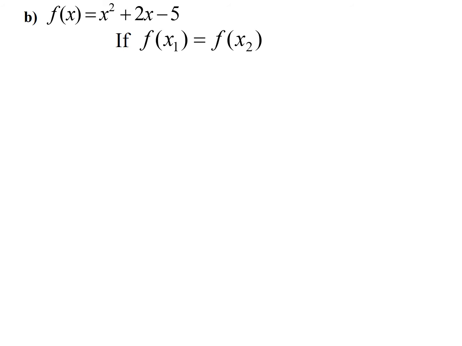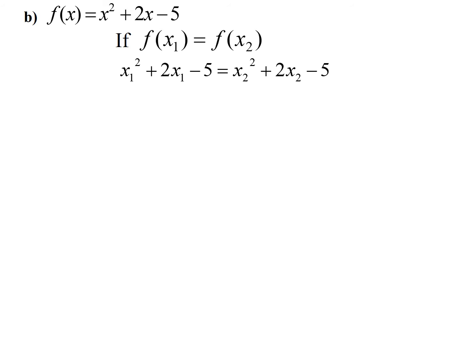Then it will give x1 squared plus 2x1 minus 5 on the left hand side, and then equals x2 squared plus 2x2 minus 5 on the right hand side. And then we bring negative 5 from the left hand side to the right hand side, and it will give x1 squared plus 2x1 equals x2 squared plus 2x2 minus 5 plus 5.